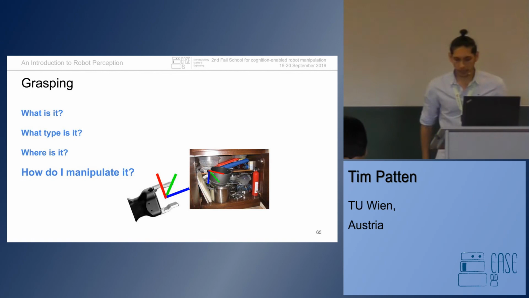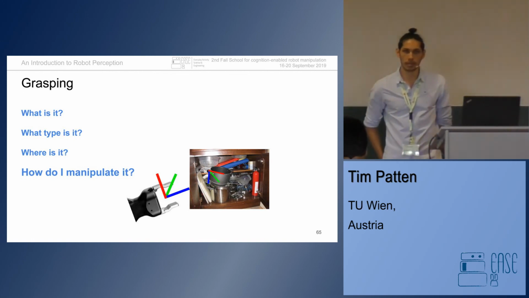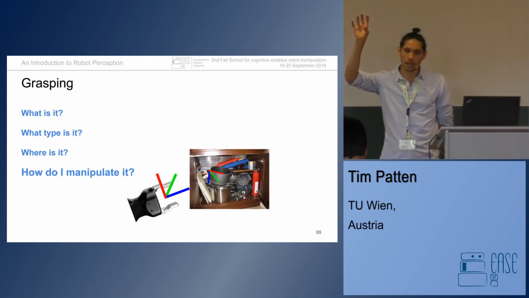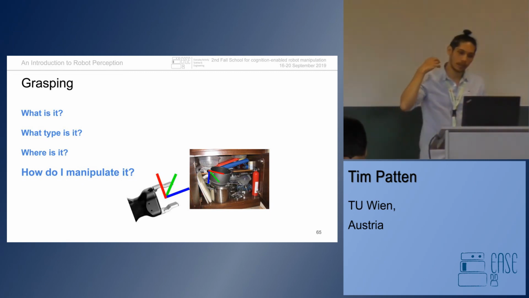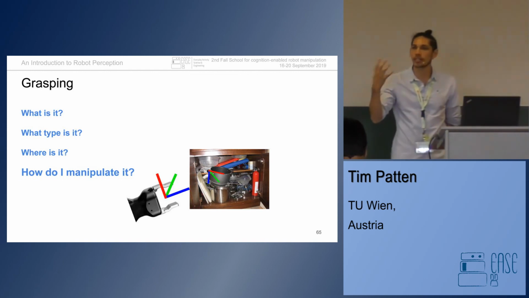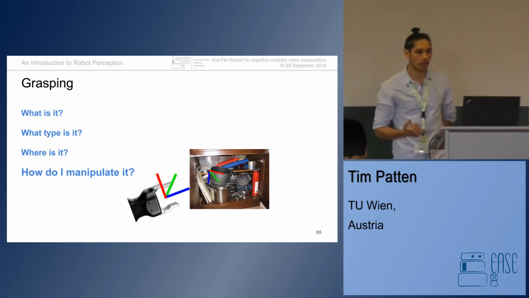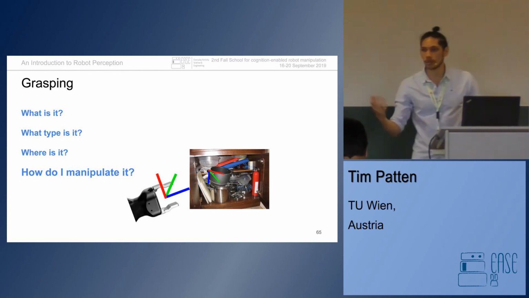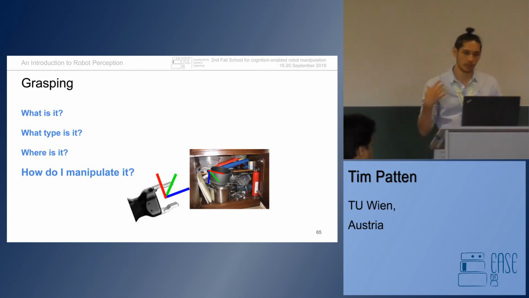All right, the last part I want to go over now is manipulation. This is the high level goal we're trying to achieve: if we can understand the objects in the environment, finally we can do something with them. Not just know what it is and where it is, but actually interact with it. This comes down to manipulation and grasping.